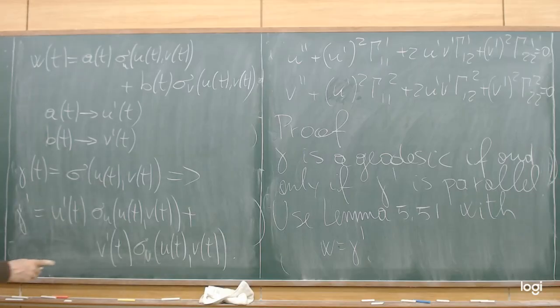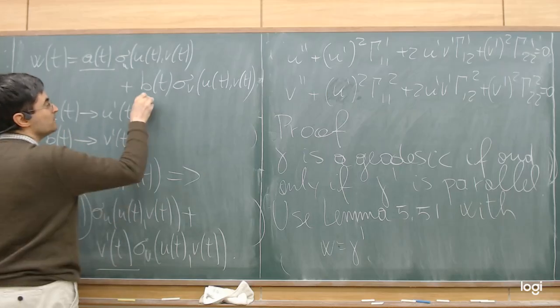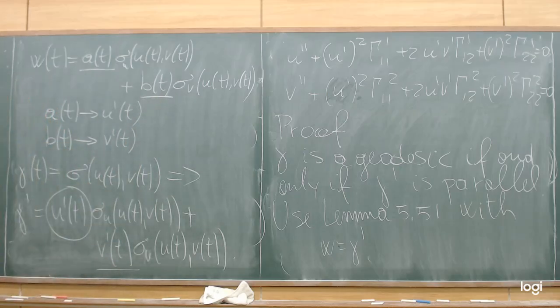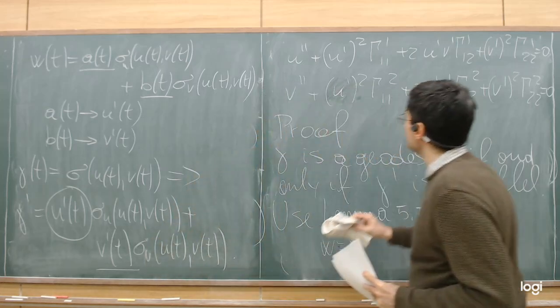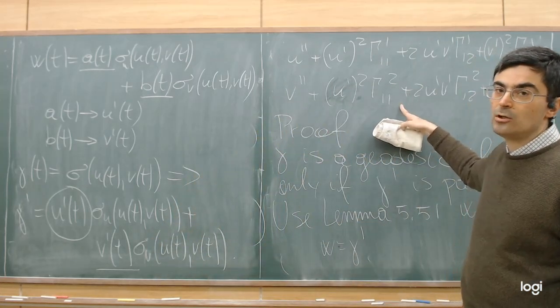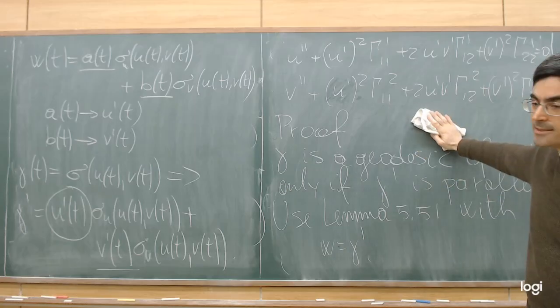And now if you compare this expression with the expression of W, you get that u prime replaces A and v prime of t replaces B. So these are the equations that you have to solve if you want to find the geodesics of a surface.